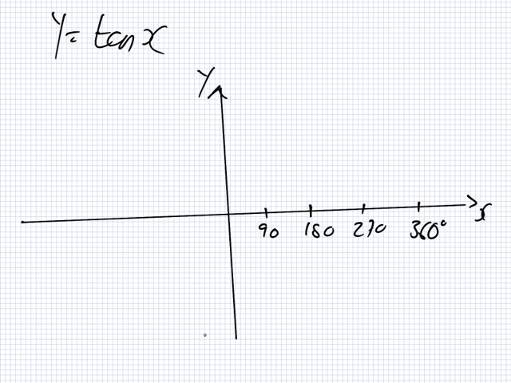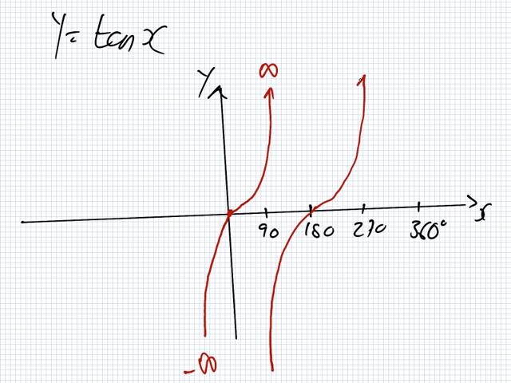It's kind of hard to see, but what happens here is the tan goes through 0 from minus infinity, and then it shoots back up to infinity at 90. And then when it passes 90, it comes back up from minus infinity, hits through 180 again, and then hits back up to infinity at 270.